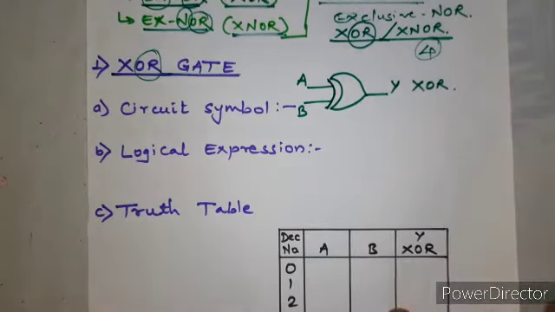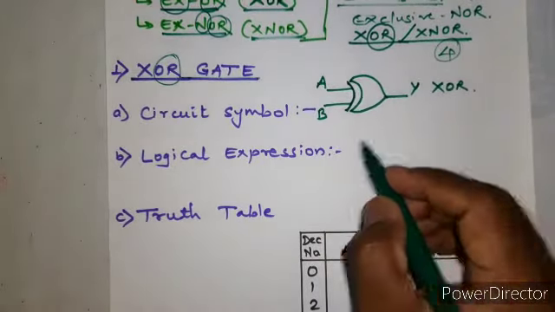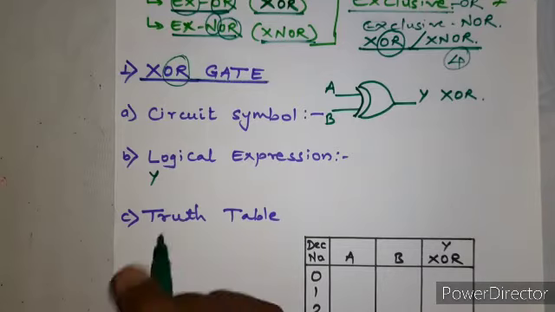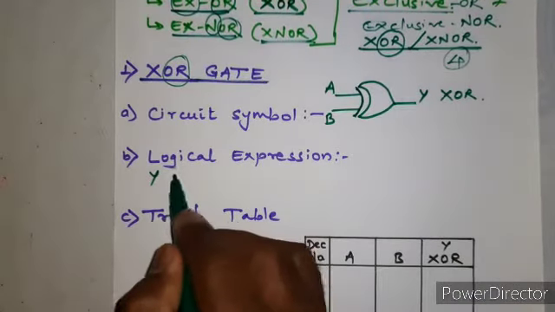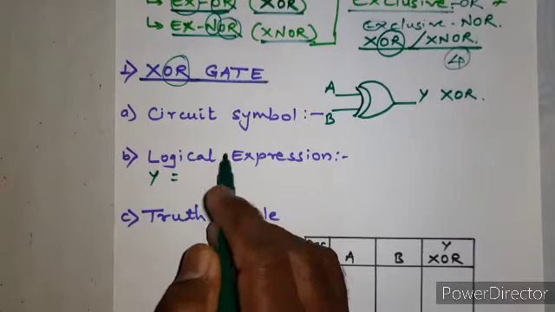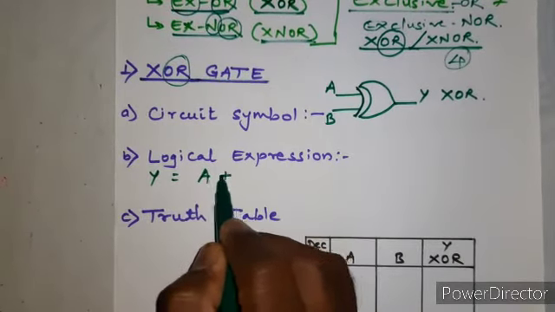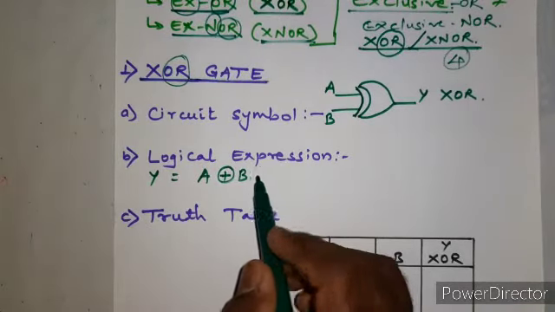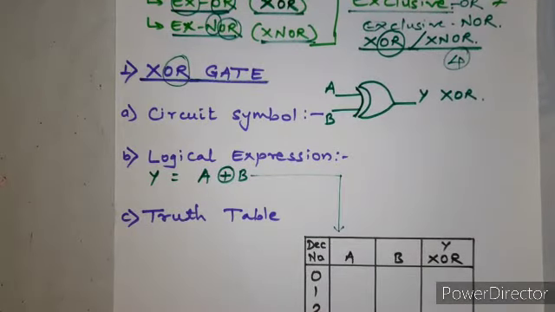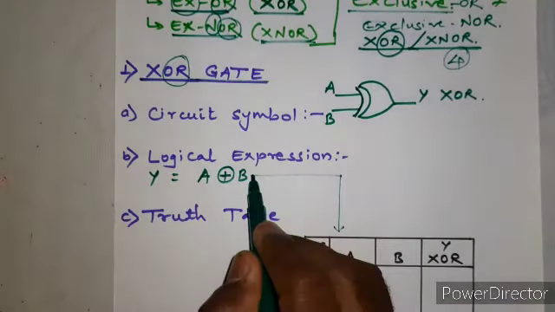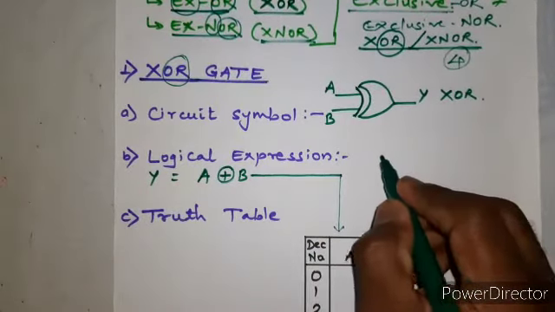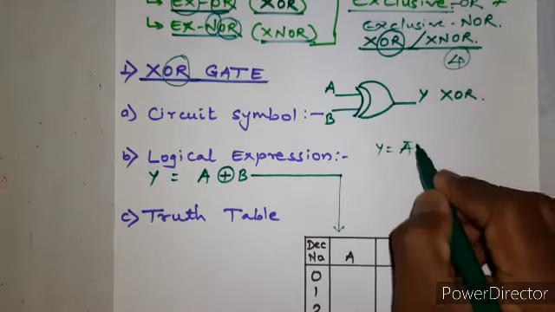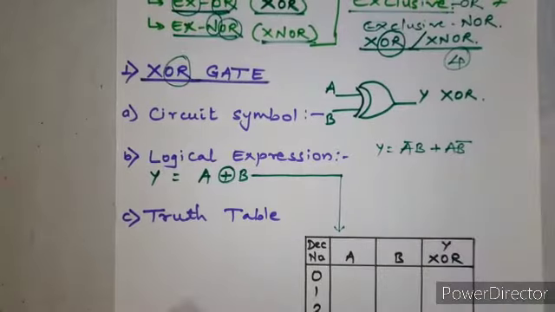Coming to the logical expression. For the XOR gate we have two different expressions. One is A, plus inside a circle, B. Its extended version we can note down from the truth table: Y is equal to A bar B plus A B bar.